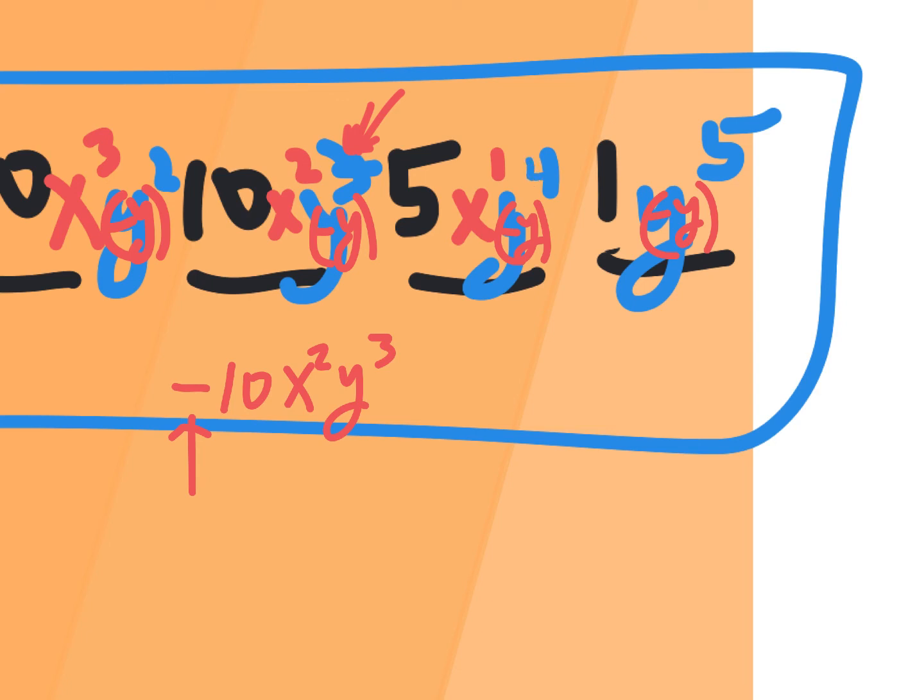And then the last term, for example, would be negative y to the 5th. Might as well fill in the second to last one, 5 x y to the 4th. Positive. Okay, I feel like you're getting this.